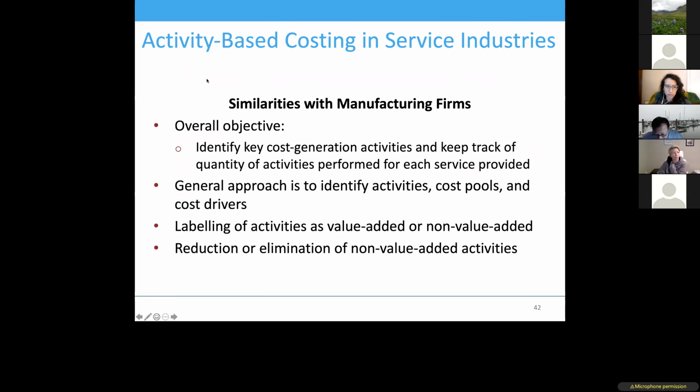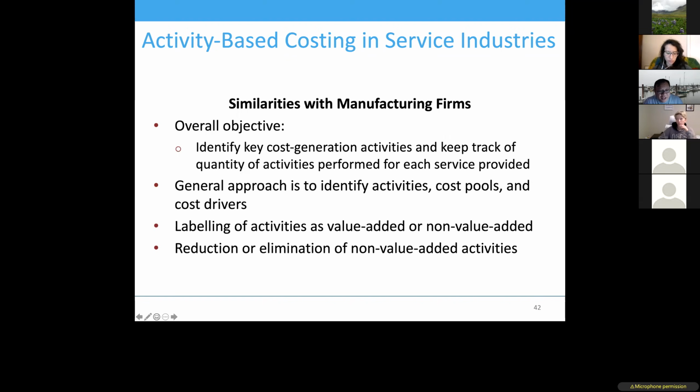So we have focused on the manufacturing industry. What about the service industry? Okay, it's quite similar to manufacturing firms. The goal is to identify the key cost generation activities and keep track of the quantity of activities performed for each service provided.